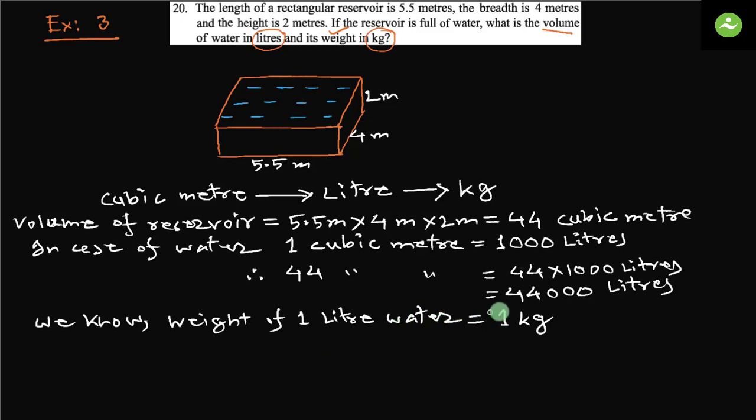So now we know the 44,000 liters will weigh, therefore weight of 44,000 liters water equals to 1 into 44,000, 44,000 kilogram.